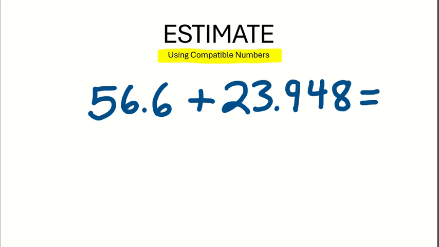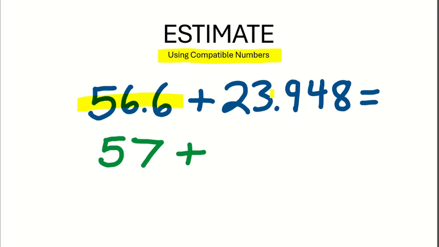Let's use compatible numbers to come up with a reasonable estimate. So again, this is $56.60, right? So is it going to be closer to $56 or $57? That's right. It's going to be closer to $57.